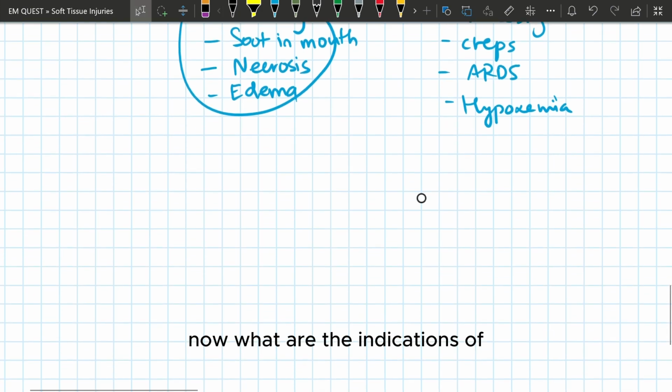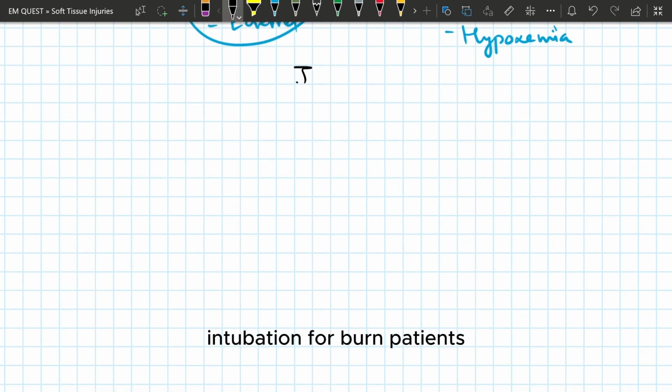Now, what are the indications of intubation for burn patients? So we have 6 criteria.